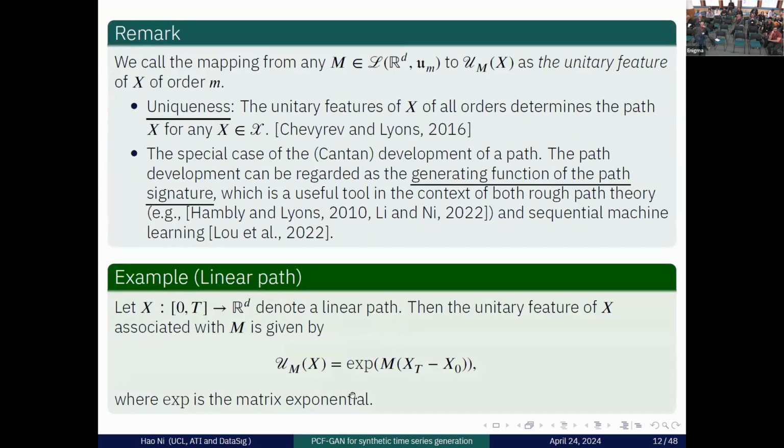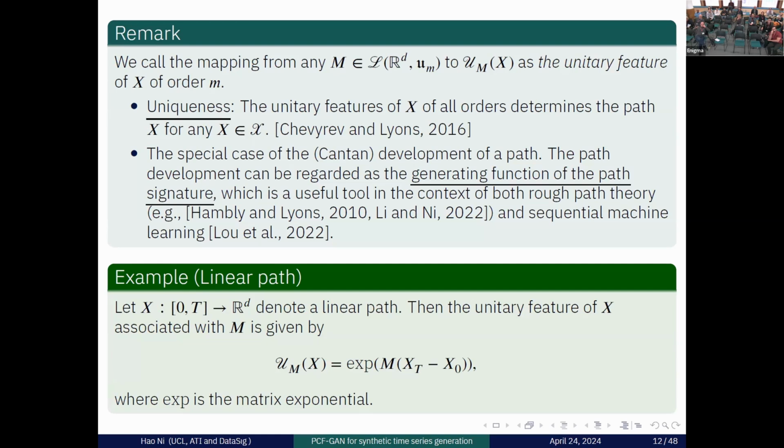And we call the map from any linear map M to the corresponding unitary feature the unitary feature of X of order M. And it has been proved in Chevyrev and Lyons' paper that the unitary feature of X of all possible orders determines the path uniquely for any path X in this curly X path space.